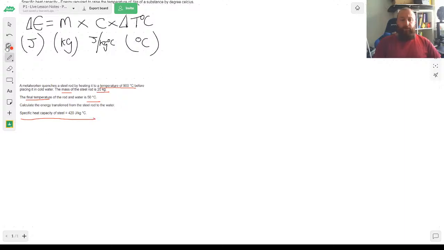So now let me go through and solve the question for this one. They want me to calculate the energy that was transferred. Okay, so the change in energy is what they want me to work out, equals the mass times the specific heat capacity times the change in temperature.